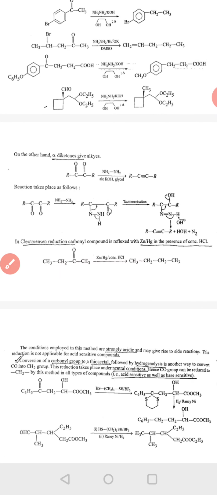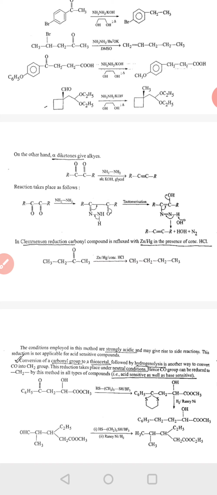Another way of converting C=O into CH2 group is Clemmensen reduction. In Clemmensen reduction, the carbonyl compound is refluxed with zinc amalgam in presence of concentrated HCl. Here again, since the reaction medium is acidic, we cannot carry out this reduction if some acid sensitive groups are present along with the carbonyl group in the compound.